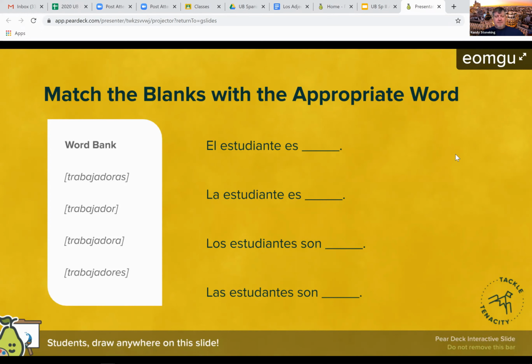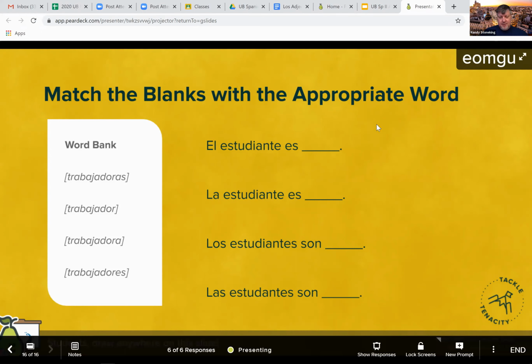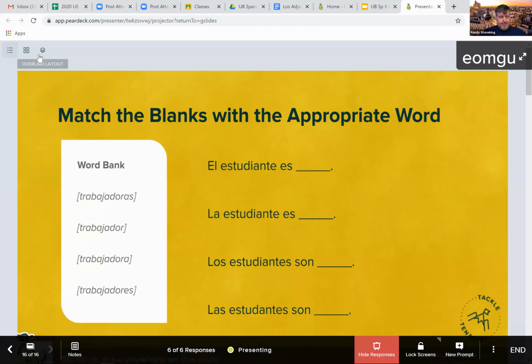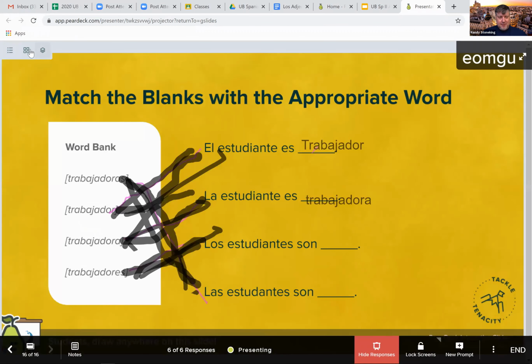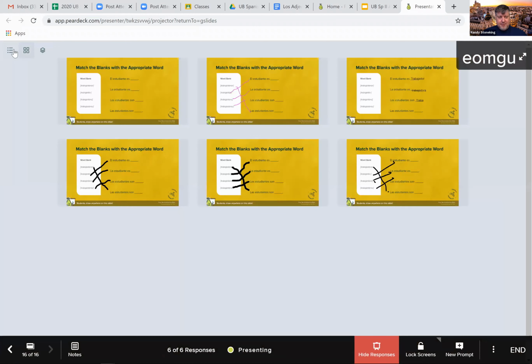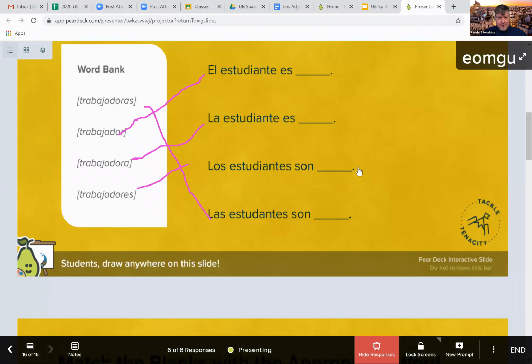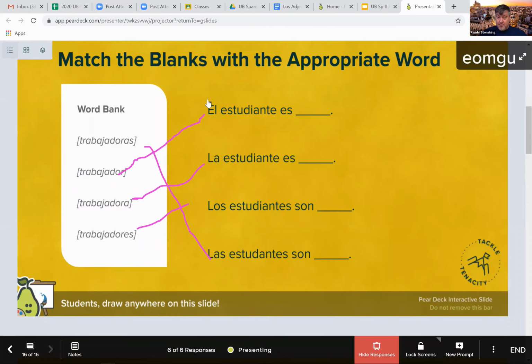Five, 4, 3, 2, 1. Okay, let's see how we're doing here. So el estudiante es trabajador.